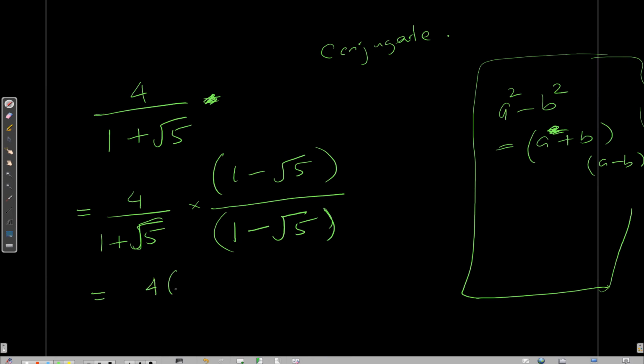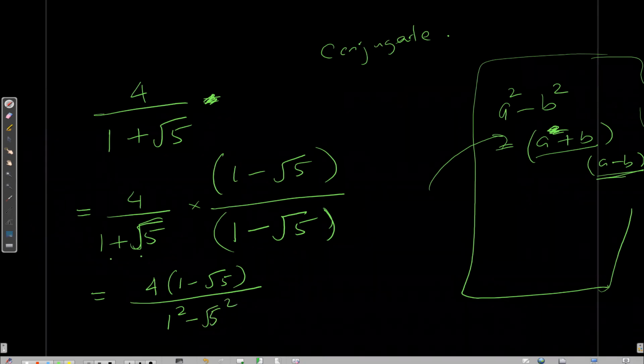4 times 1 minus square root of 5. Now using this formula, a plus b times a minus b, here 1 plus root 5 times 1 minus root 5, that's going to be a squared minus b squared. So in this case, 1 squared minus root 5 squared, which is 5.